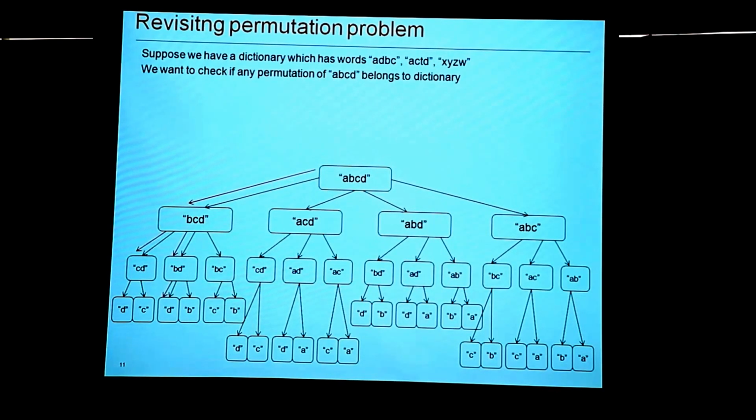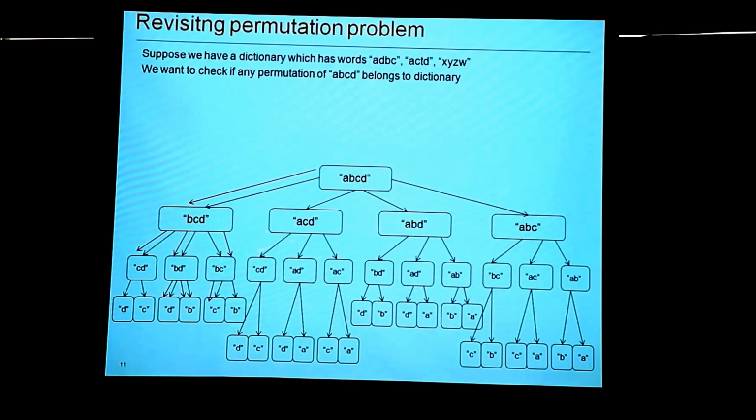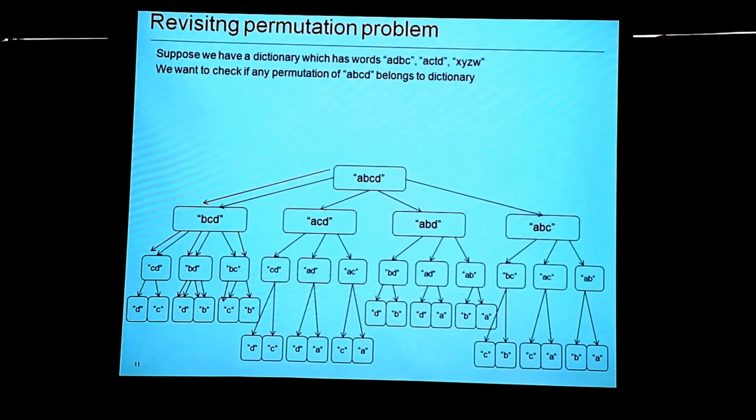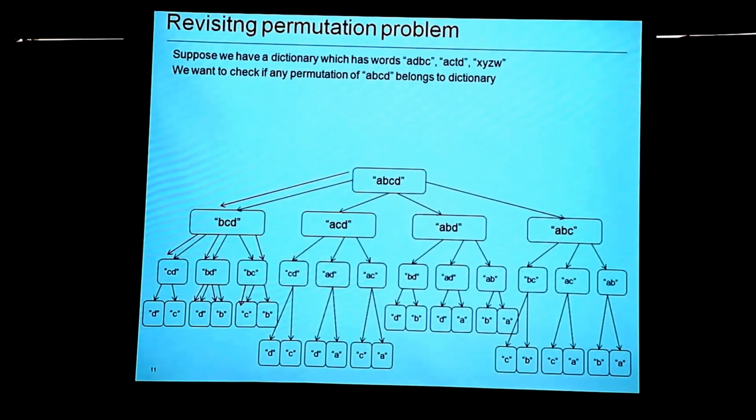Whenever you find one string which belongs to the dictionary, such as ABBC, you will just stop. You won't explore all the remaining children. We will see this in detail later, so don't worry about this.